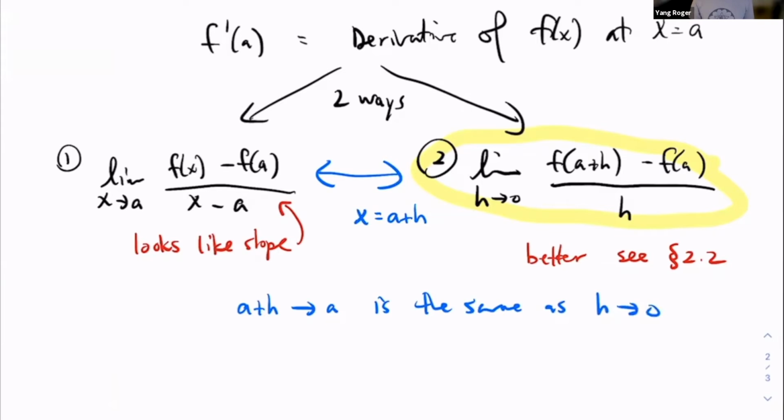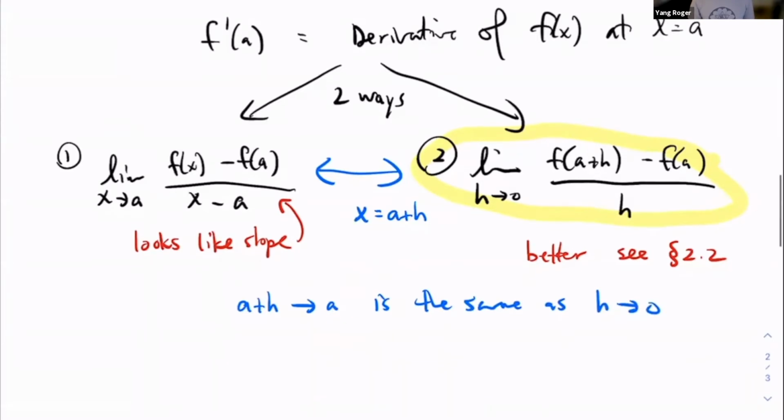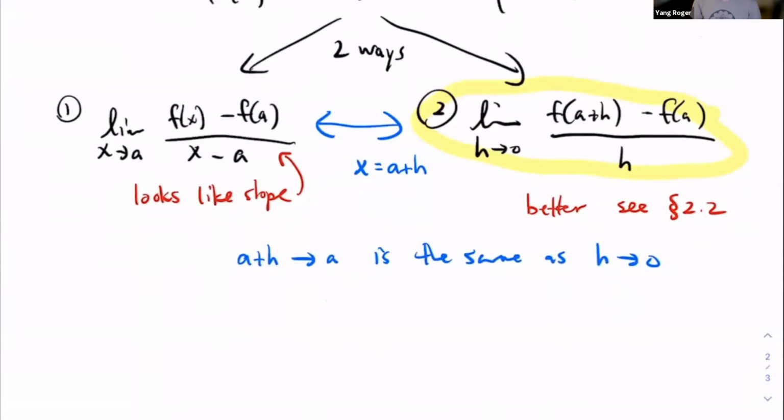You can just think about subtracting a from both sides. Another thing you would notice is that a plus h minus a gives you h. So that's why the denominator becomes just h. Okay. This is all explained in the video. I just basically re-explained it to you. But this is what we're working with today.